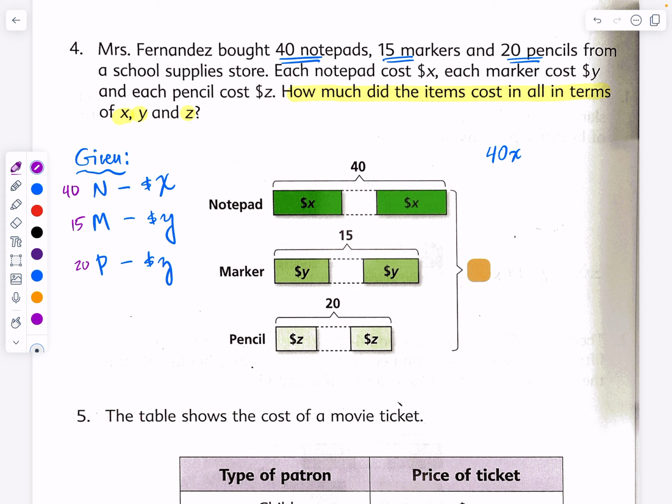So we can say she spent 40X, plus she also spent 15Y dollars on markers, plus she spent 20Z dollars on pencils. And here we go, my friends. This is the expression. We just translated English to algebra.